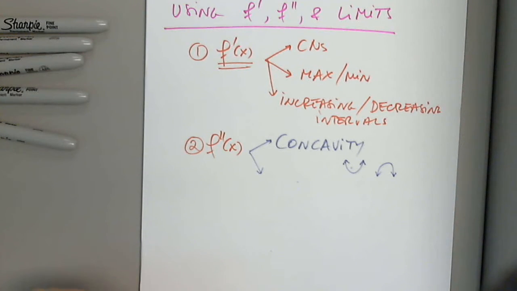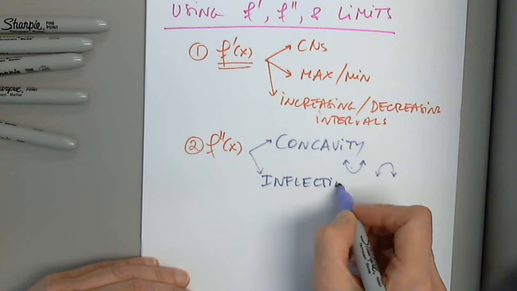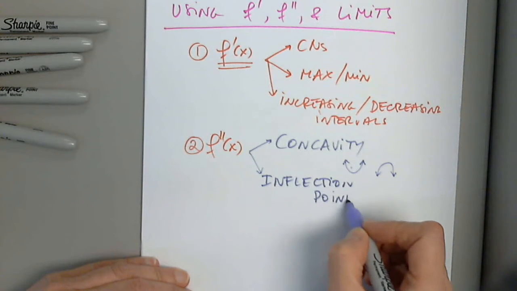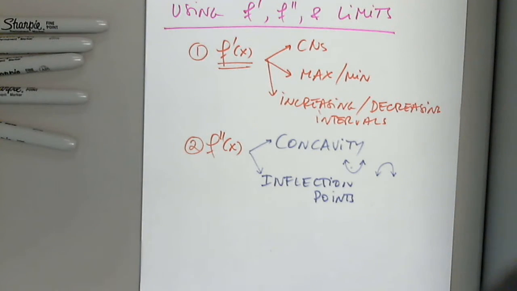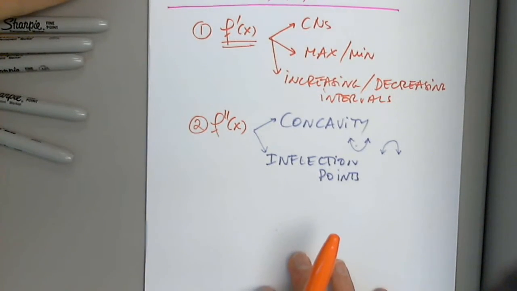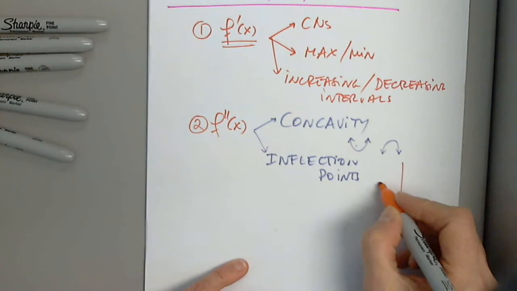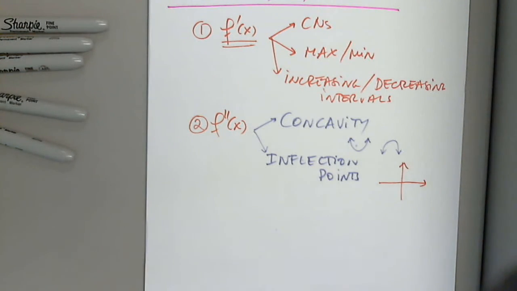What else are we going to learn? Inflection points, if any. Function doesn't have to have inflection points. But if it does, we will learn about them from the second derivative. What does this mean? Just a quick preview. Remember we graphed x cubed. And here's how we graphed x cubed.